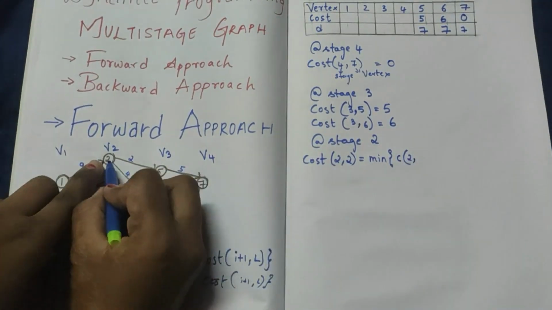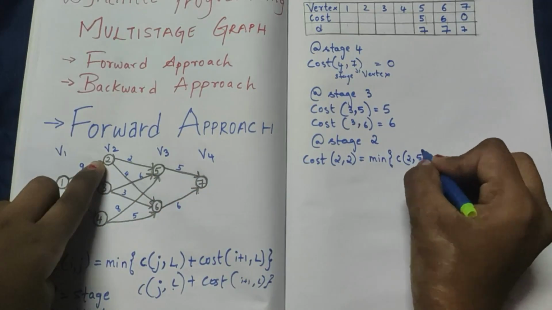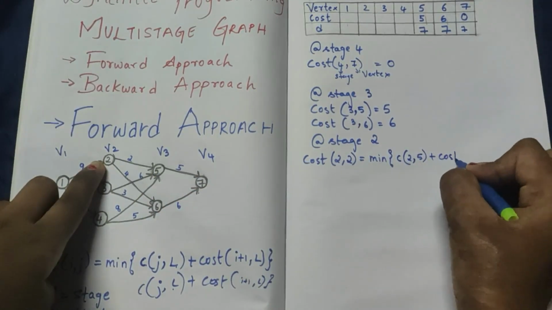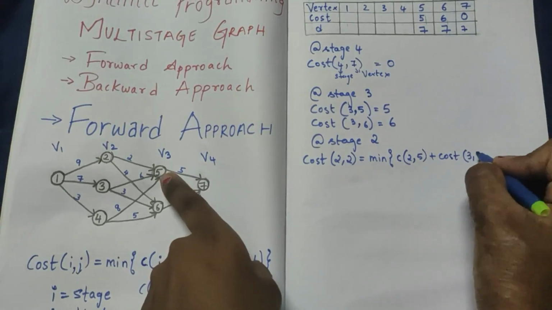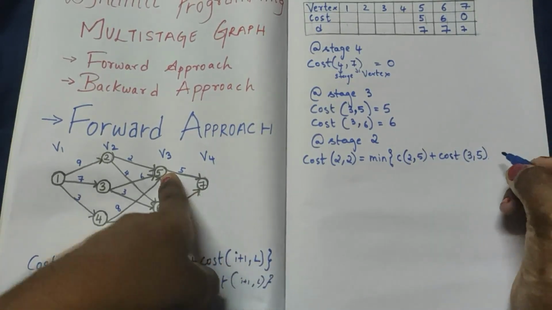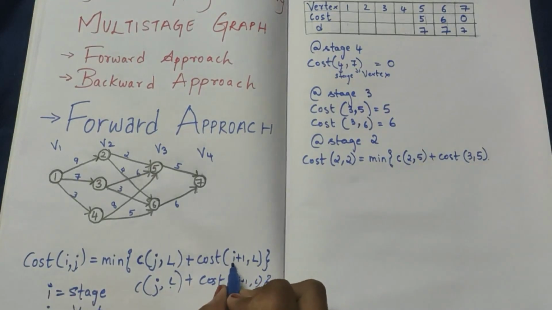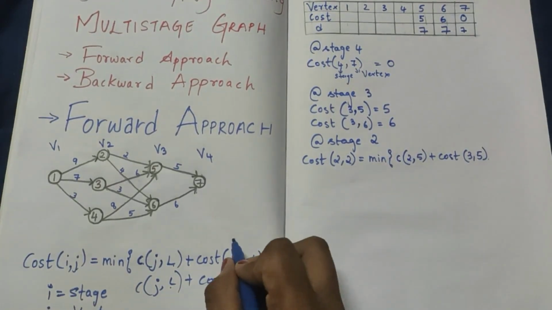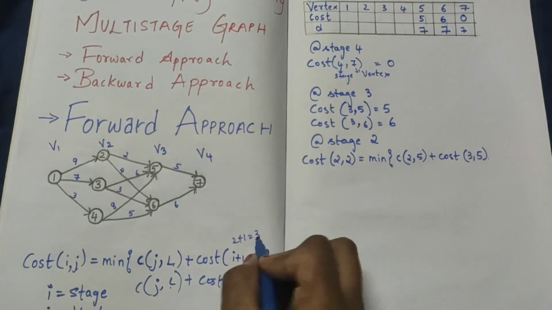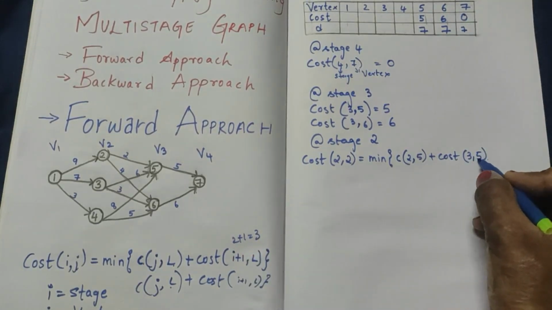That is from 2 to 5 plus the cost of stage 3 vertex 5. Why 3? Because in the formula it's i plus 1. So i is 2, so 2 plus 1 is equal to 3. So here 3 comma 5.